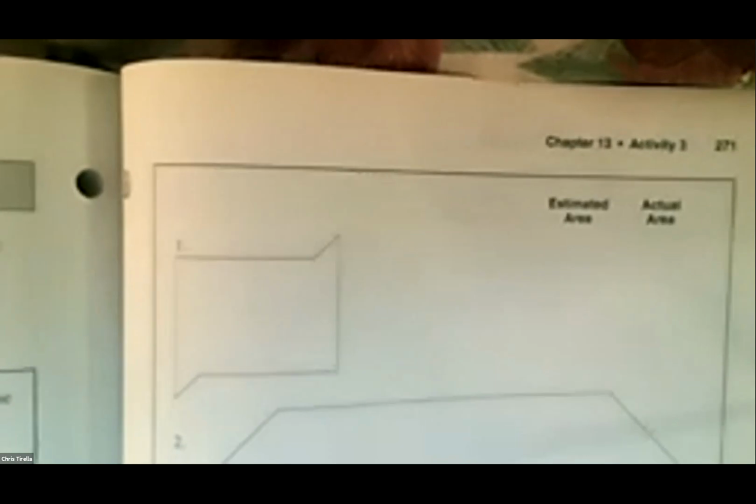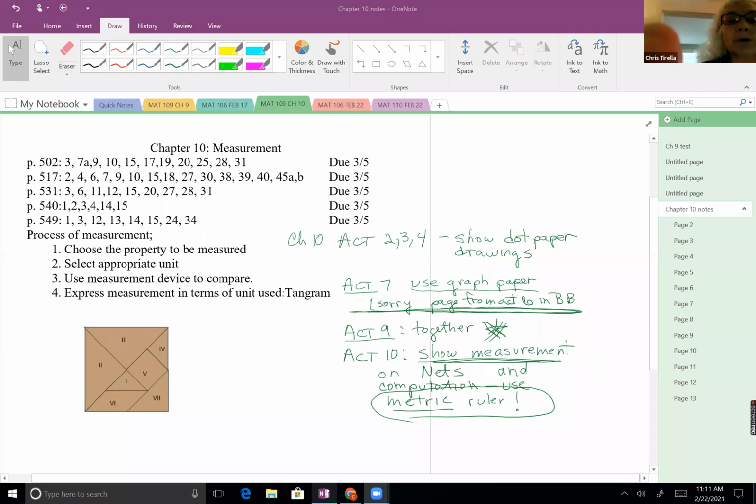The unit would probably be, sadly, pounds, and I would use that bathroom scale to measure it. But this idea of measurement being a process: deciding what you want to measure, deciding what unit you're going to use, and then comparing it.